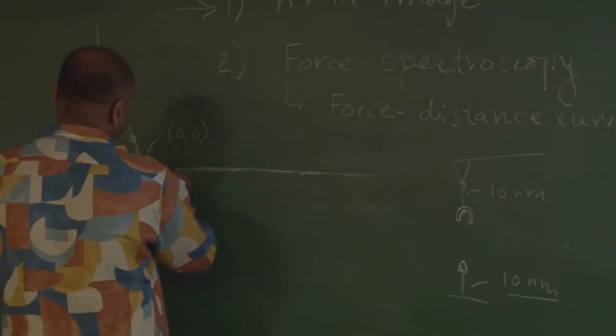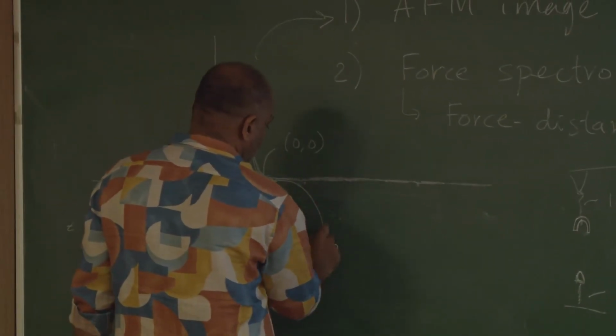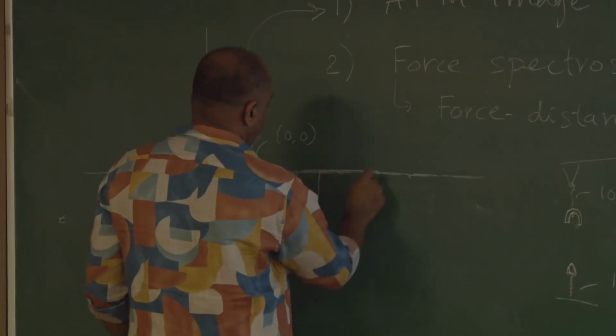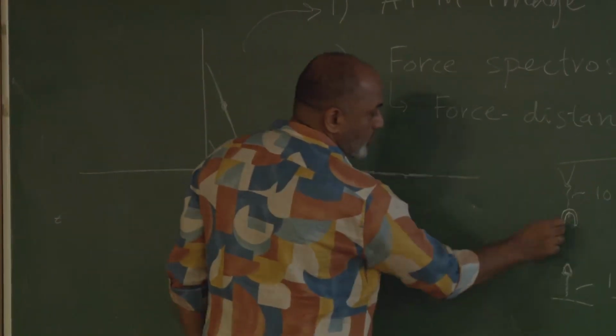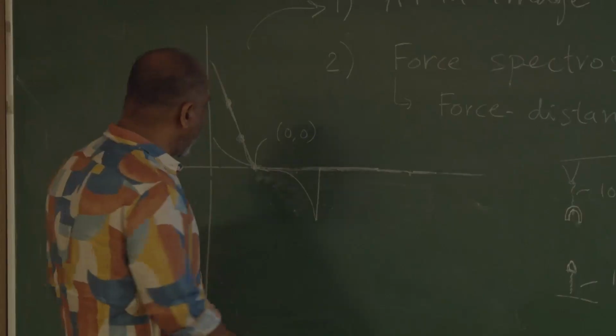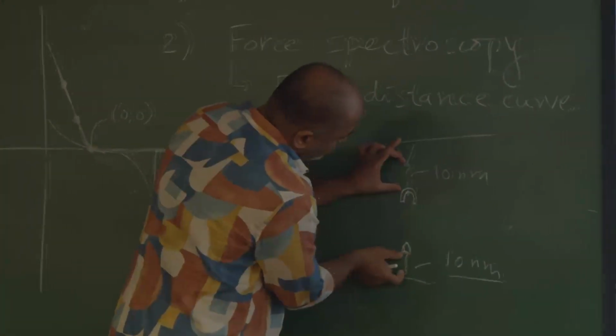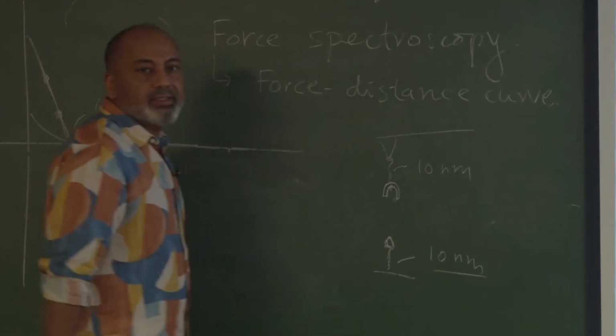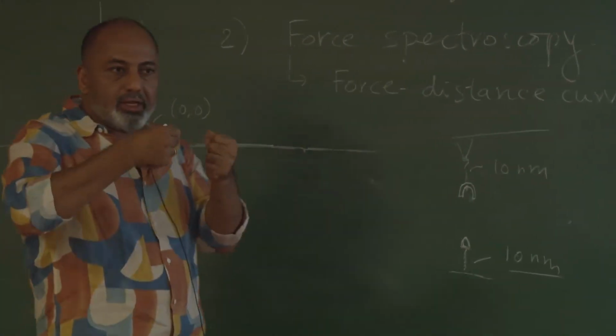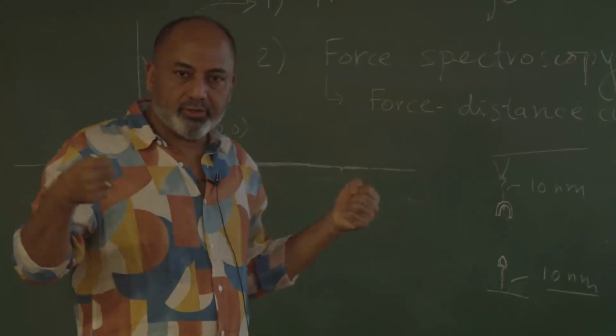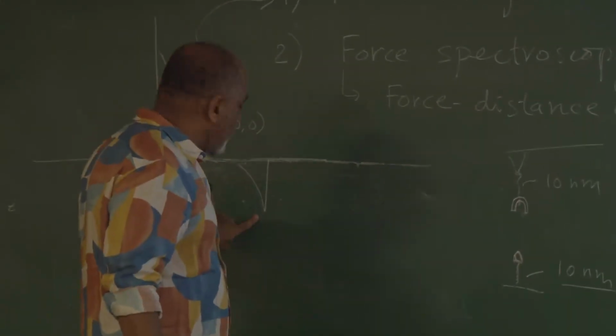So you will start seeing this kind of force curve, where this is the rupture, separating the two from each other, and this is the linker's elasticity. You know how a linker will extend under force, and that's what it gives here.